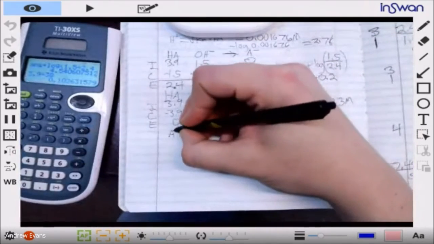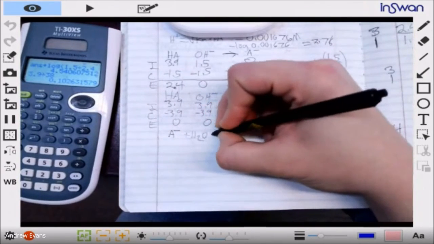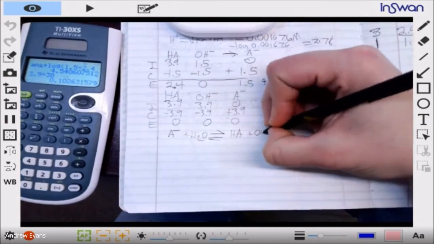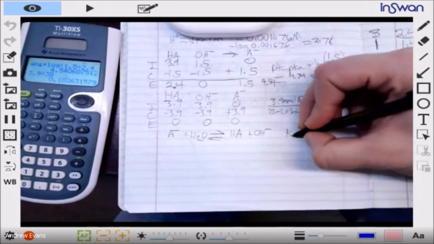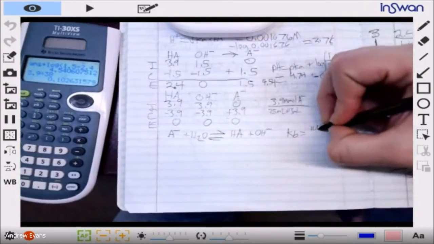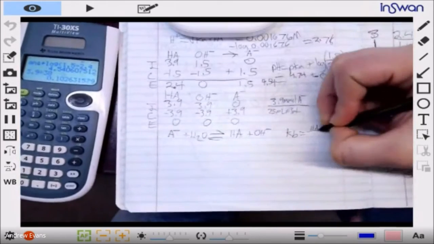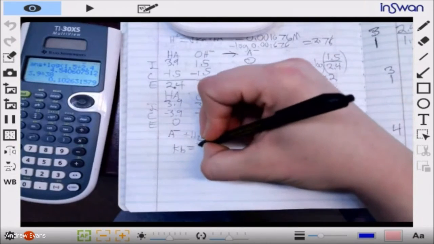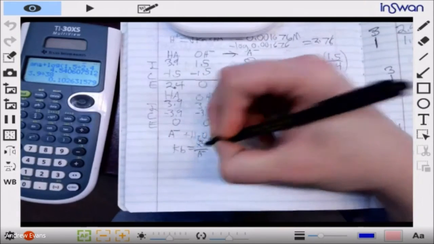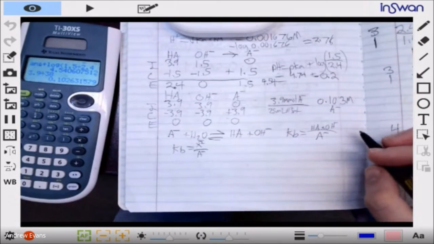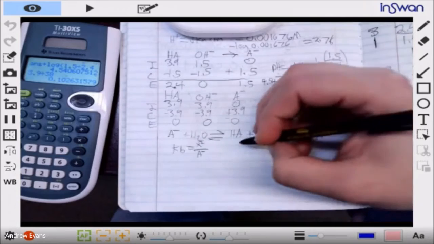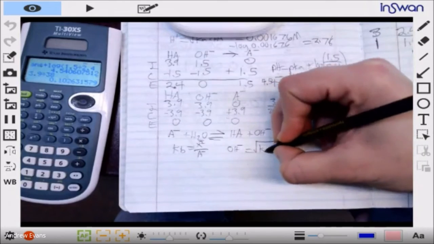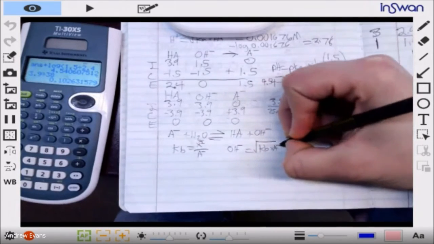Now, why is that important? Because this reaction, A minus plus water, goes reversibly to HA plus OH minus. Setting up this equation, Kb equals HA times OH minus over A minus, which becomes Kb equals x squared over A minus. That should look somewhat familiar. So to calculate OH minus, we're going to take the square root of Kb times our A minus.